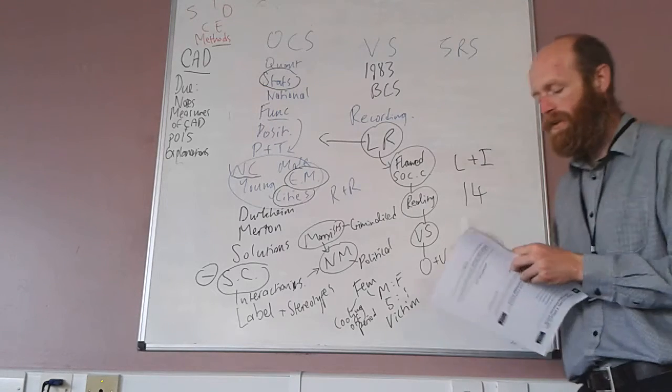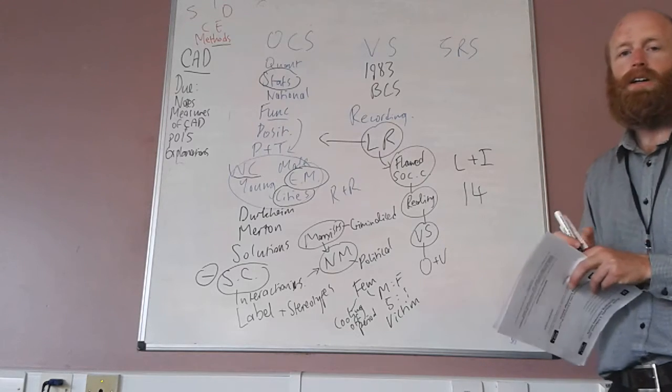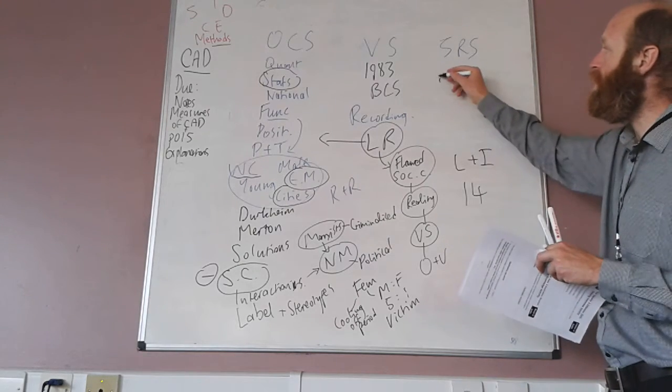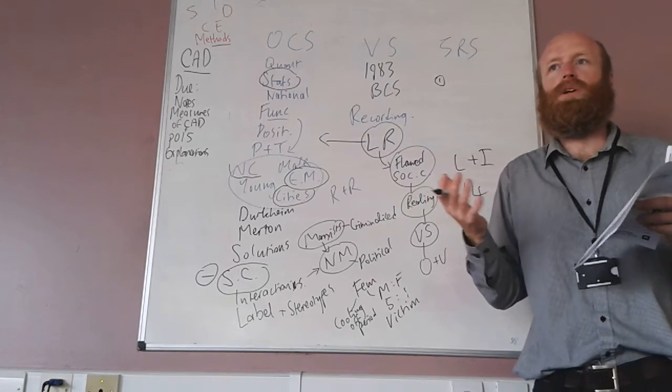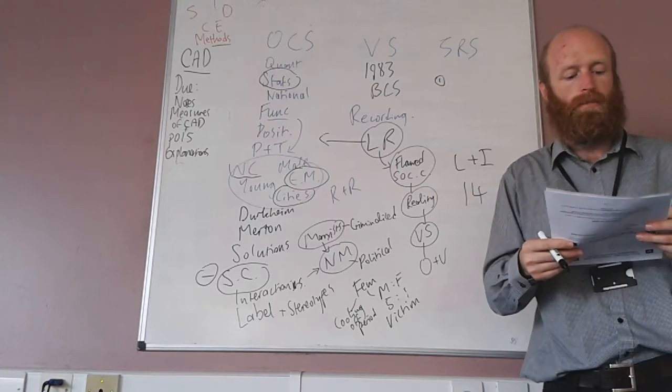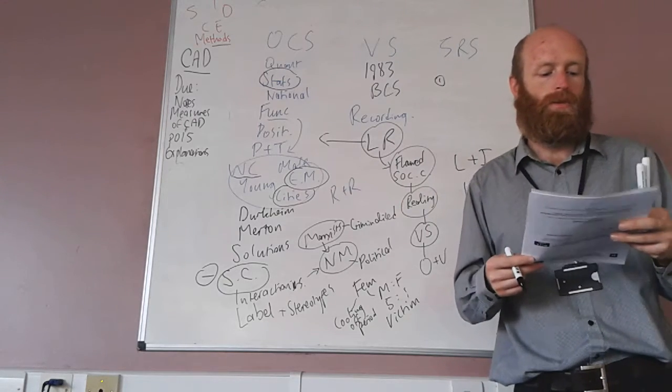There are problems with the victim surveys. So the victim surveys have the problem of self-definition, because number one, the person who's a victim may not define themselves as a victim. It's the same problem with the OCS, where they don't report it to the police as well.